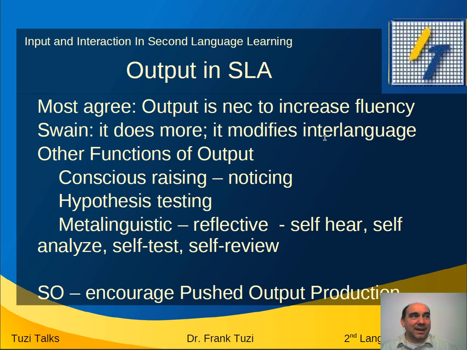What some researchers had decided to do was to encourage pushed output production. Get people to speak now so they can not only improve their fluency, but also get them to hear what they're saying and hear the differences. Starting to use the language is going to be a benefit to them because they can do more analysis of it. Now, there hasn't been much research in this area as well, and the research has been mixed.